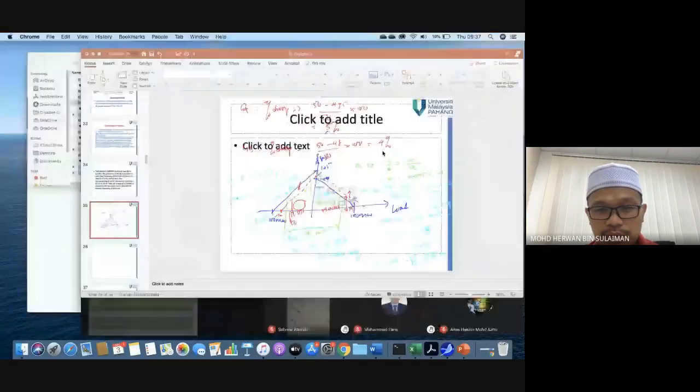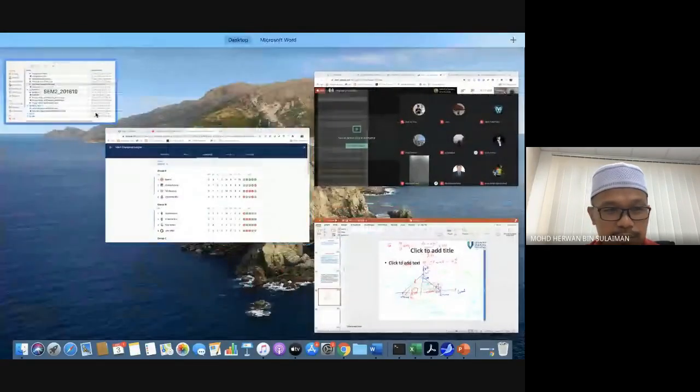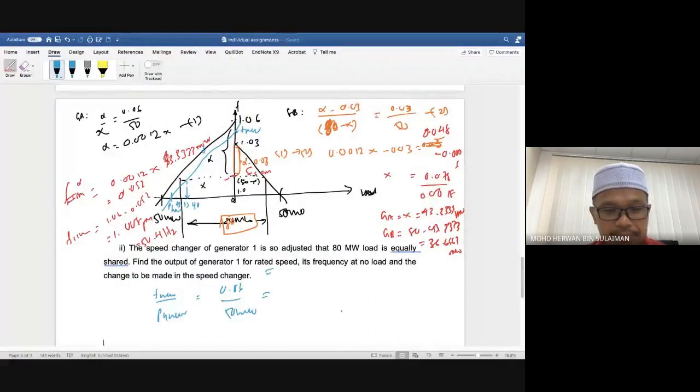So here you can use F new divided by PG new, but you know you want to find one of them, right? So if you find the F new, you can find your PG new. Okay.